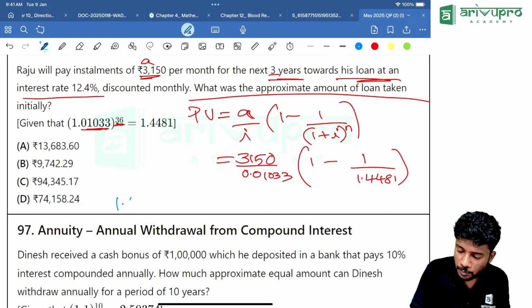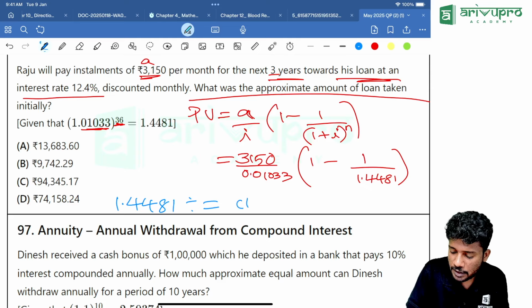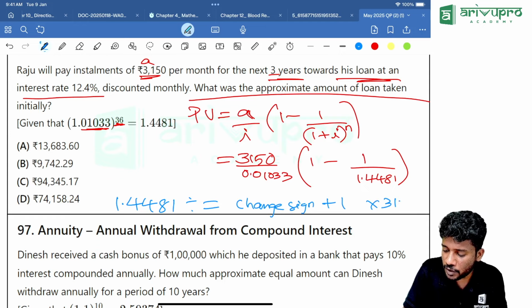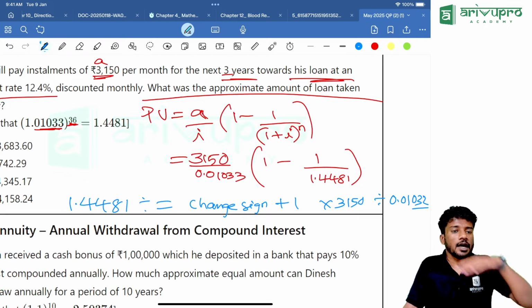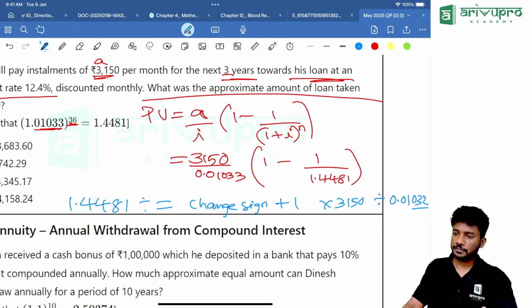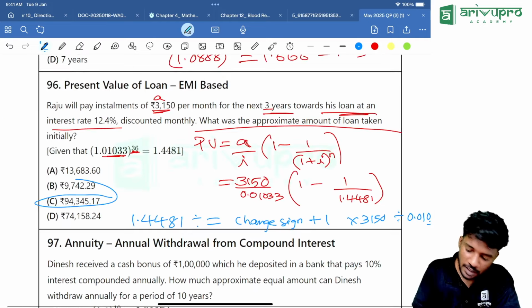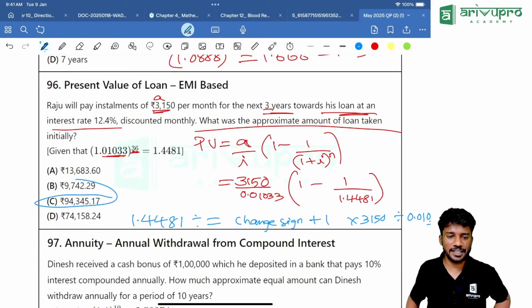First you type 1.4481, then divide, equal to. Then change sign. Then plus 1. Then multiply it with 3150. Then finally divide it with 0.01033. How much is the answer, people? Option C is the answer. Got the point? Very easy, right?